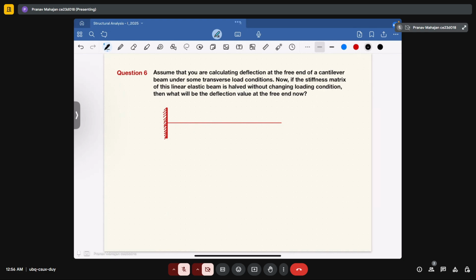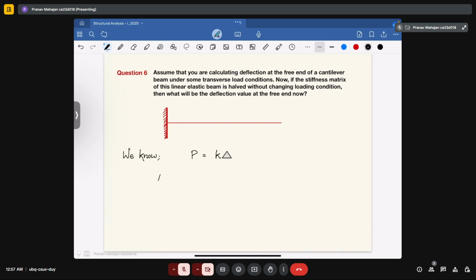Okay, so let me write. We know P is equal to K times delta, where K is the stiffness of the beam.